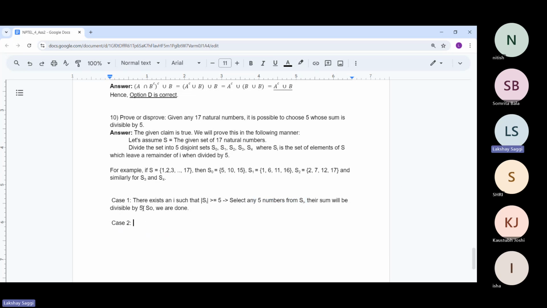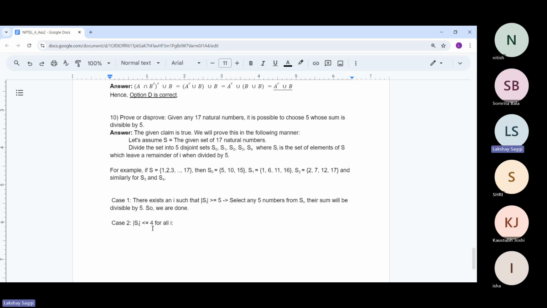So case 2: the other case will be when there does not exist any such Si with size at least 5. So what does case 2 say? Case 2 will be that Si is less than or equal to 4 for all i, right?